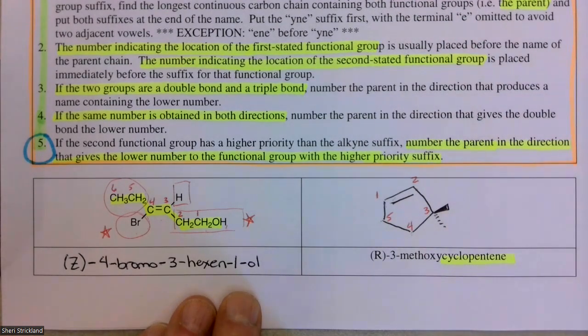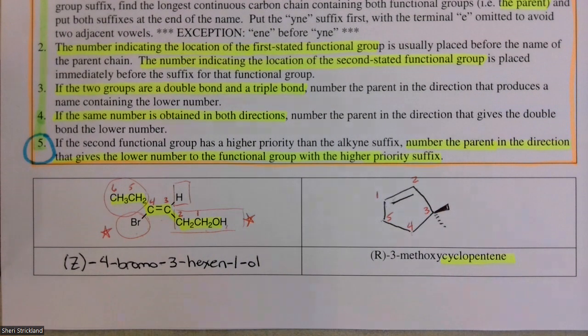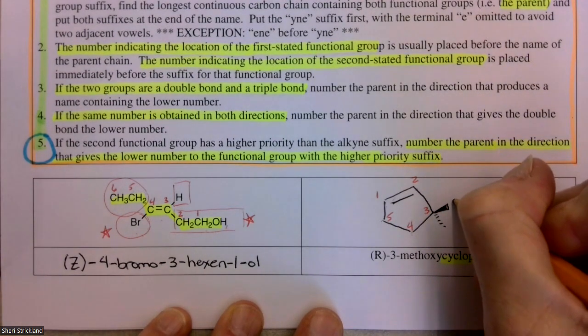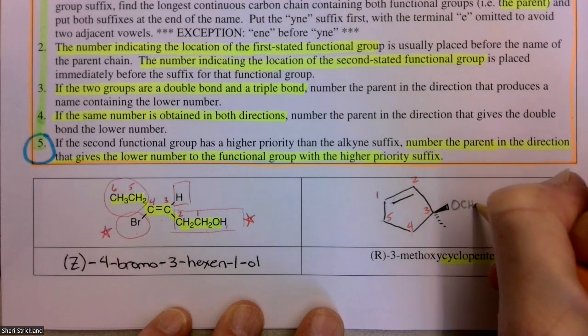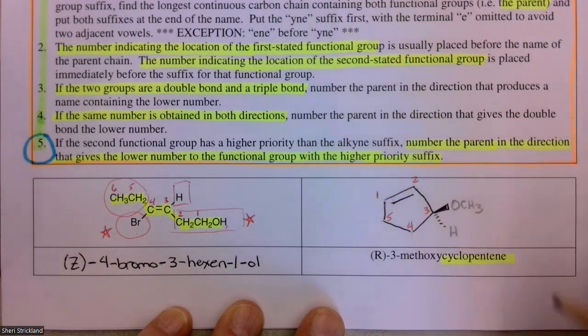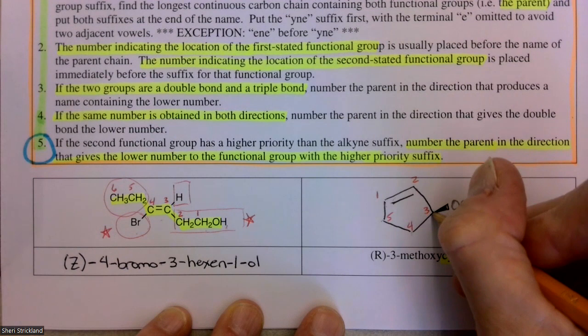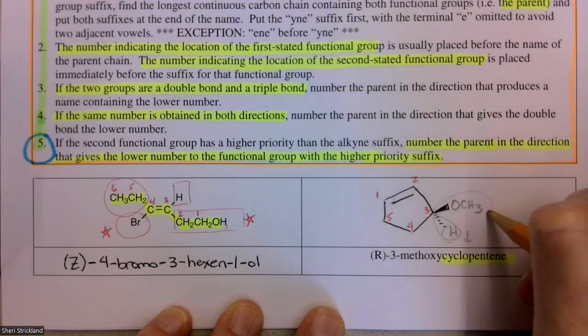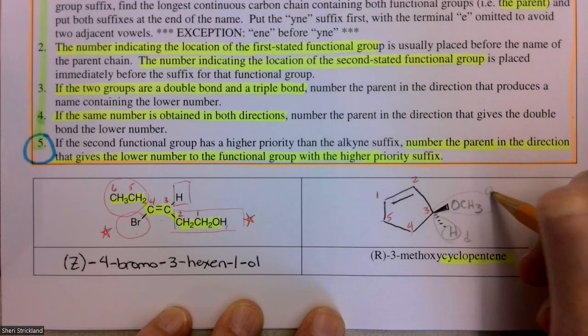And I think it's a really good idea to do these in pencil because then I've got some flexibility. And here, I want to show you what I mean. So let's say I wanted to put the methoxy group here and the hydrogen there. Okay, so I know that the hydrogen is going to have the lowest priority, and the oxygen is going to have the highest priority.